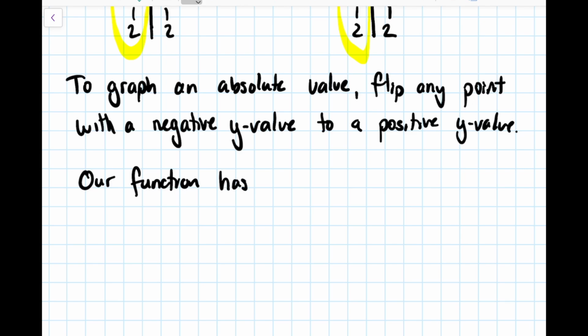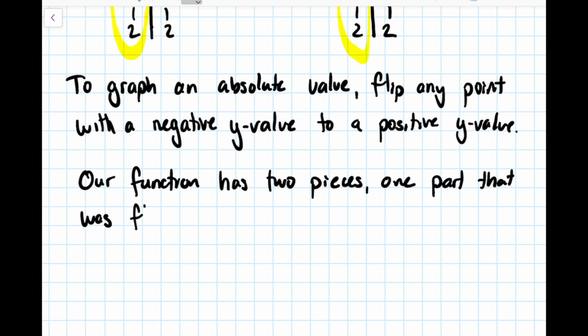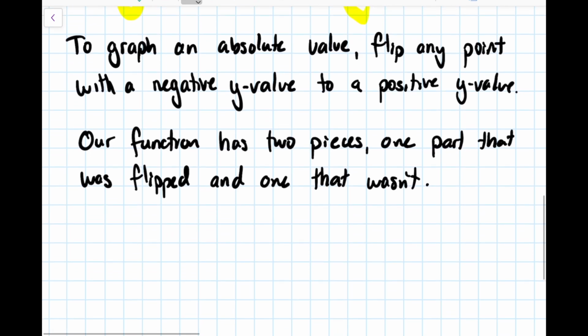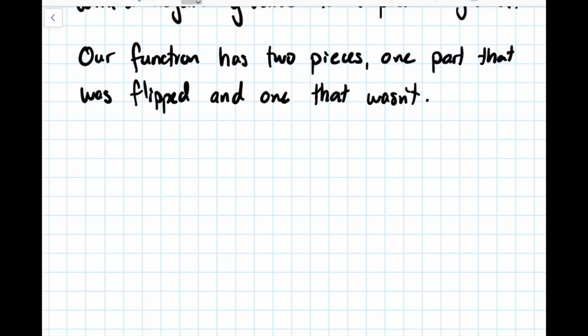So we've got two parts, one part that flipped and one part that didn't. And we're going to have to express that in a way that's understandable to somebody who's looking at just the equation without even being able to see the graph. So those two pieces together are going to form sort of a combined equation.